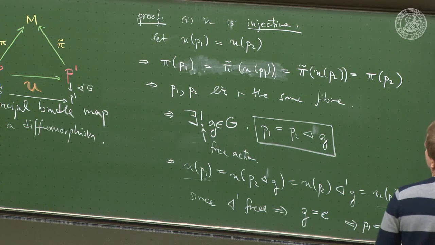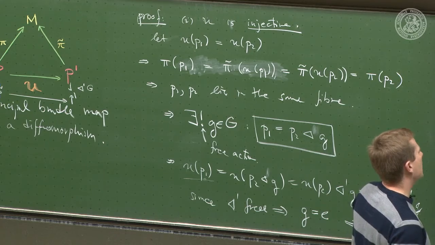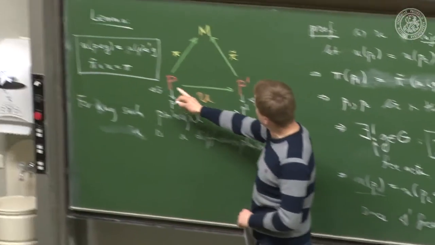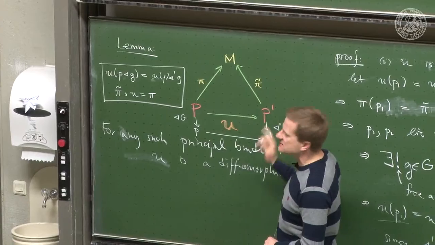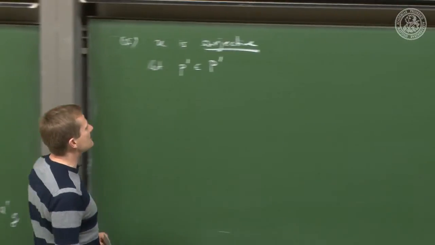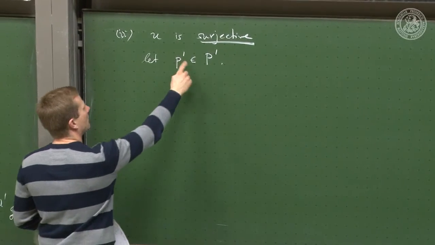So how did we do that? We assume let P prime be an element in P prime, okay? And now we need to find a P over here, a little p, such that the U of P is this P prime. So we again do this in two steps, and we consider first the projection of this guy.